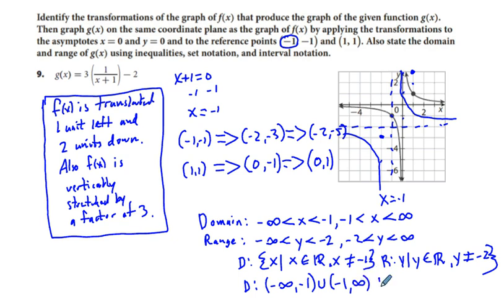And our range is going to be very similar, except we're going to have -2 as a critical number here. Union, -2, comma, infinity. So this is going to be our domain and range.